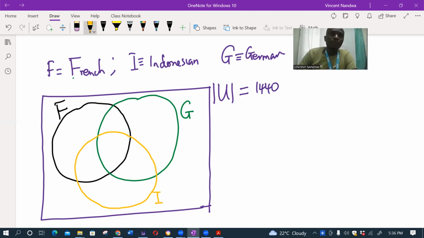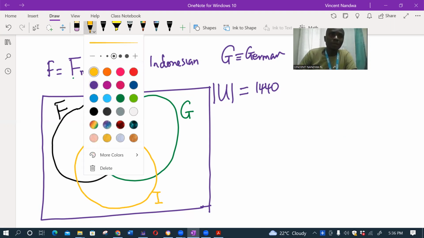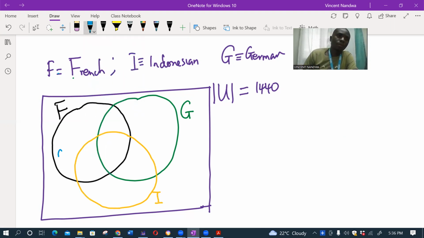Without loss of generality, label the sections A, B, C, D, E, F, G, and call the outside H.